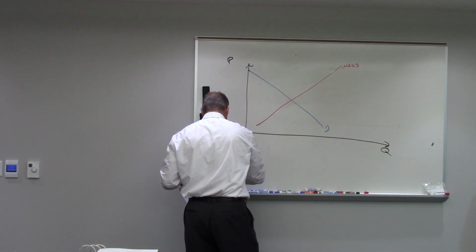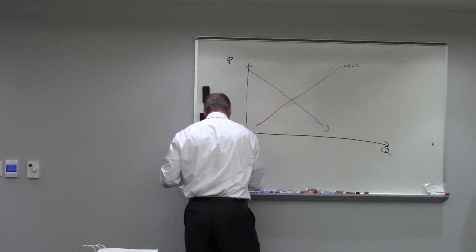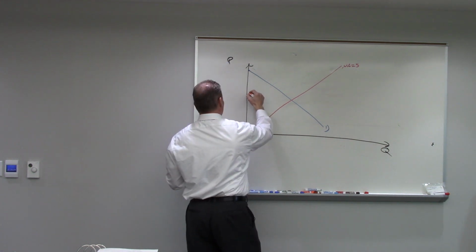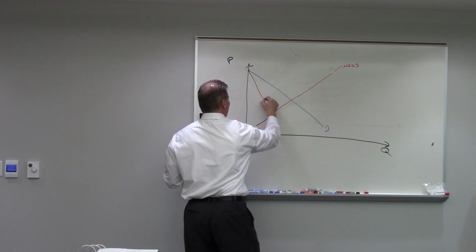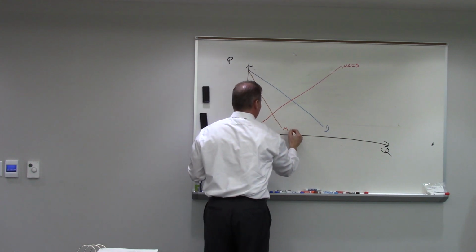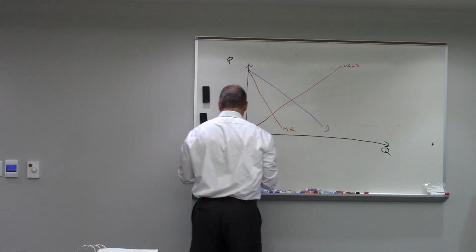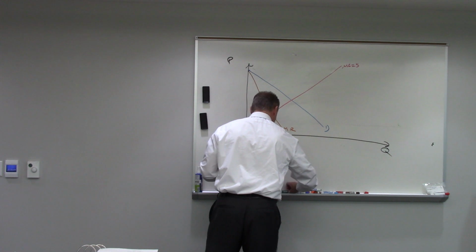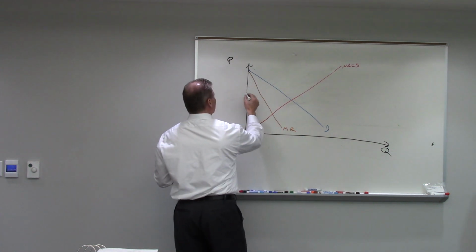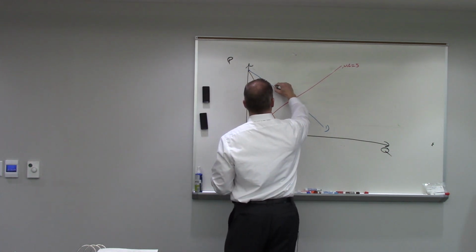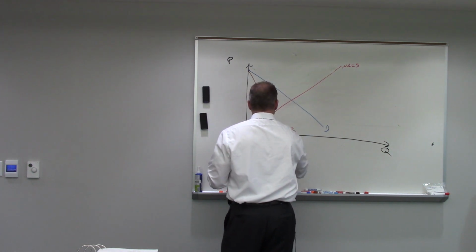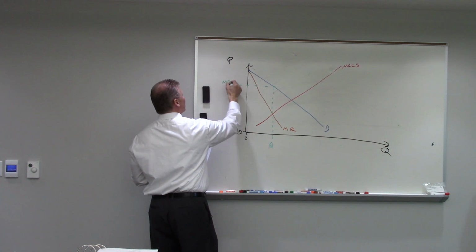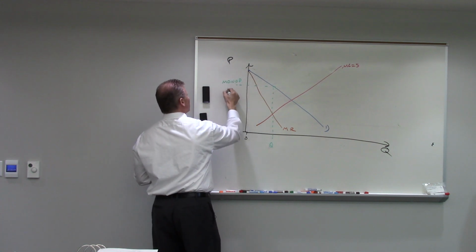We're going to go with a marginal, whoops. I'm going to put it right. That's our marginal revenue curve. Let me go ahead and draw this first. Sometimes I miss that one. There's our monopoly price.